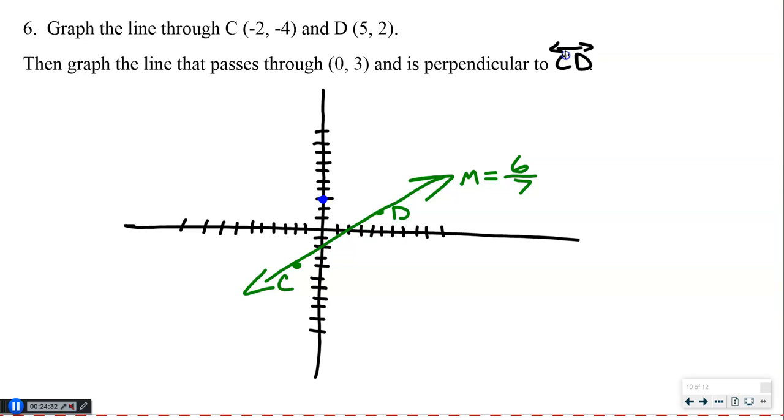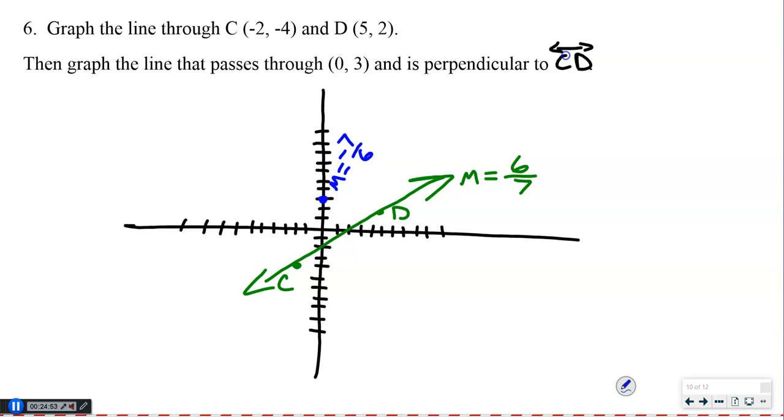So our slope for our perpendicular line needs to be -7 over 6. Opposite, meaning it's going to have the opposite sign, so now it's negative. And then reciprocal, we're going to flip the fraction. So 7 over 6.